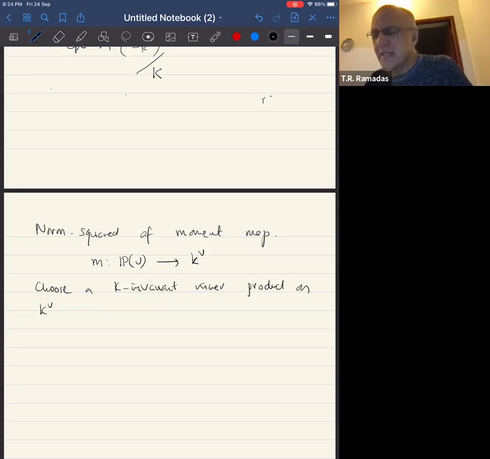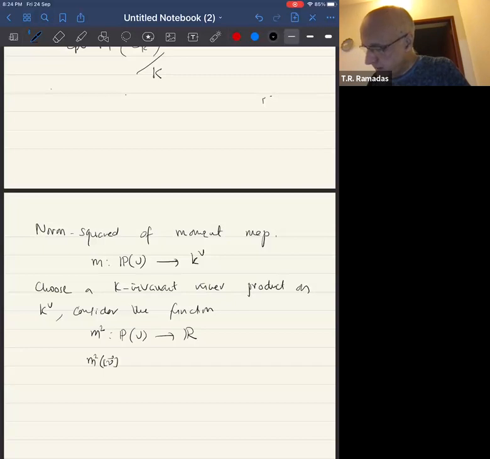In good cases, for example, if K is a simple Lie group, there will essentially be only one up to a scalar. Then consider the function M squared from PV to R, where M squared of V is the inner product of MV with MV, the inner product being taken in K hat.